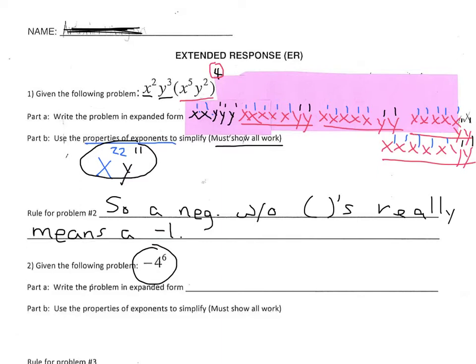So you could rewrite the problem as negative 1 parentheses 4 raised to the 6th power. So in part A it says write the problem in expanded form. You write that negative 1 once, but however the positive 4 gets repeated 6 times.